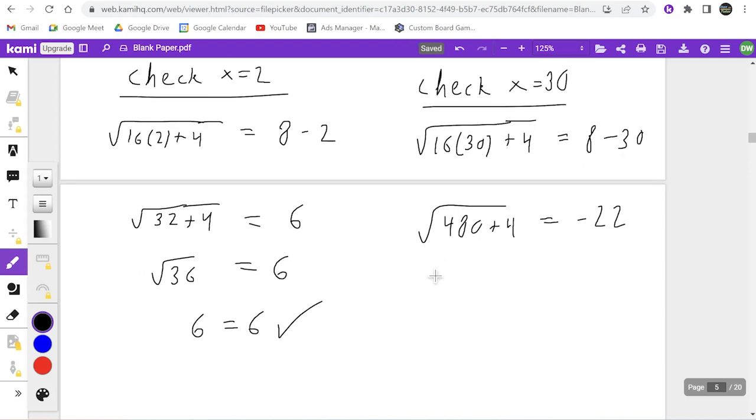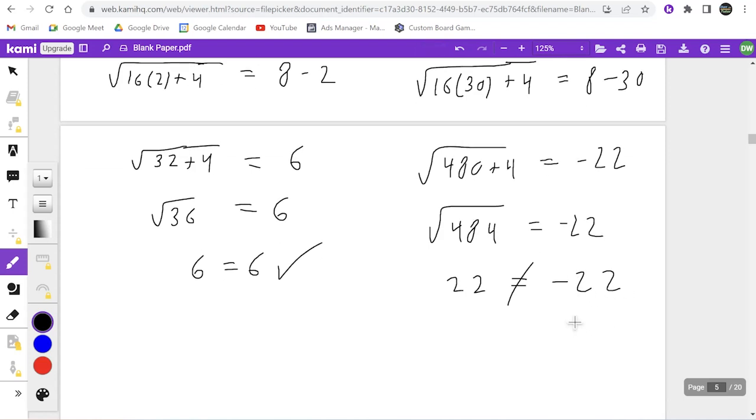So the question is, does root 484 equal negative 22? Well, I assume the square root of 484 is 22. But 22 does not equal negative 22. And for that reason, even if you didn't know the square root, you know it can't be negative. So that one does not work. The only answer was the other one, x equals positive 2. That's our only answer.